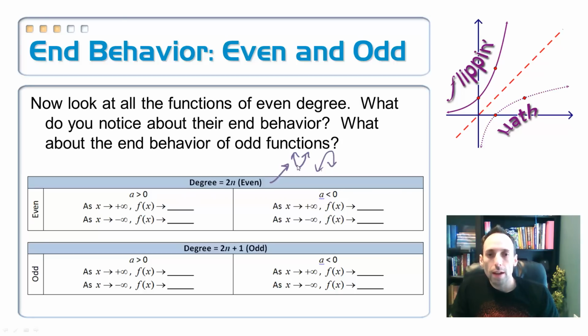So from that graph, we can see that as x goes to the right, to positive infinity, f of x is also going to positive infinity. It's also going up. So I'm going to put positive infinity there. And as x goes further and further to the left, the y values are also going up. They're both going to positive infinity. Okay, so this is another way of saying beard.